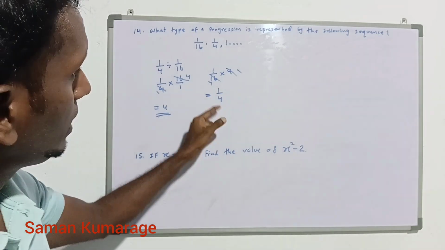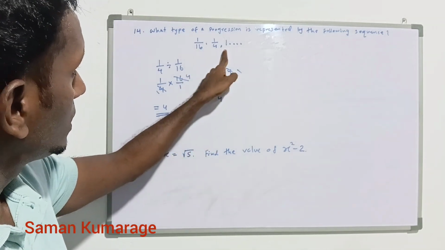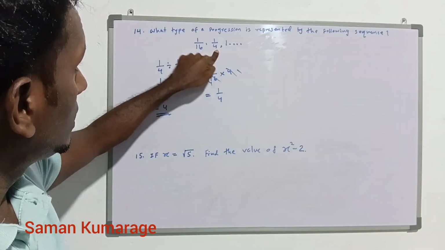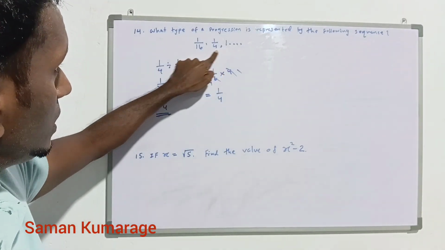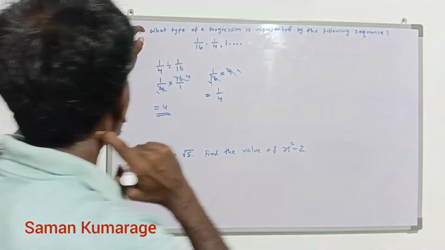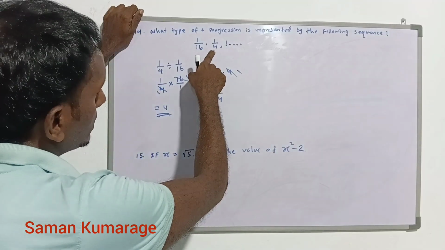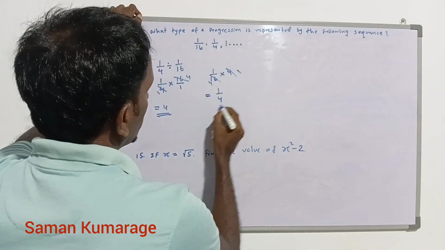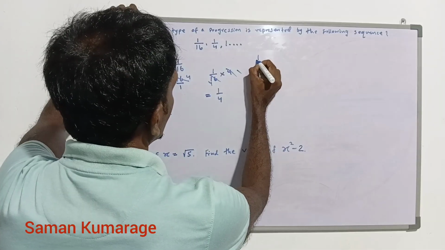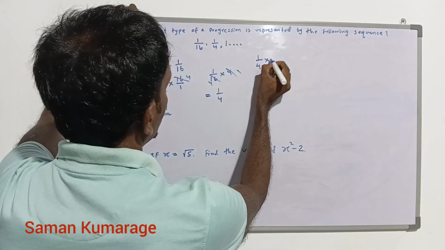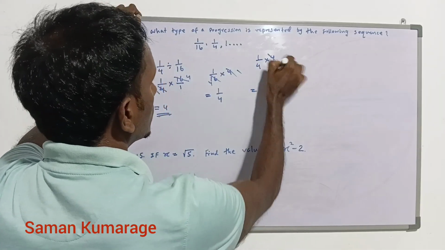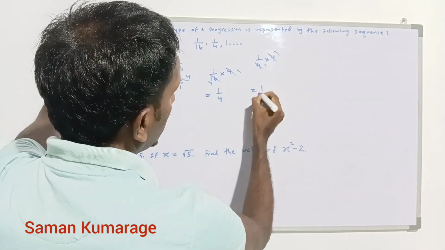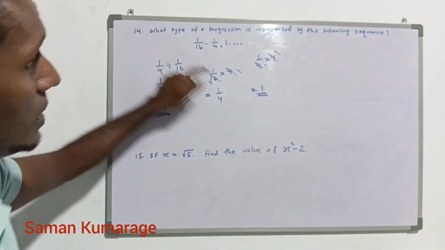And now let's see if we can get the third term by multiplying the second term by the common ratio. 1 over 4 multiplied by 4. So here we can divide, we get 1.